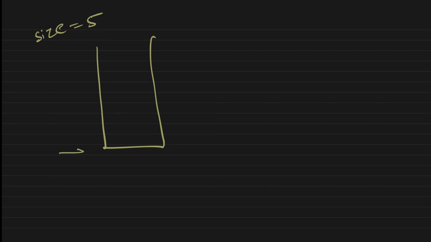So for an example, let's assume my stack is of size 5. Okay, so typically I would draw a stack like this. So this is open from this end and this is closed from this end. So whatever additions you are doing, you have to do from the top. Whatever deletions you are doing, you have to do it from the top, right?